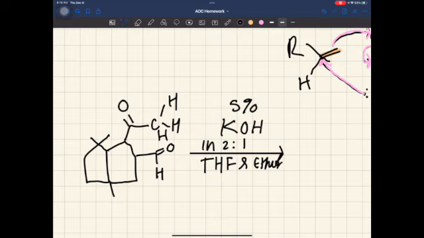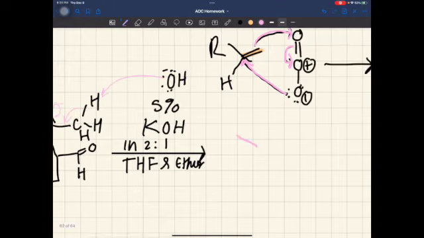So here what happens is the hydroxide ion is going to remove a hydrogen from here, breaking this bond, pushing it here, which is going to break the carbon-oxygen pi bond and produce a structure like this.